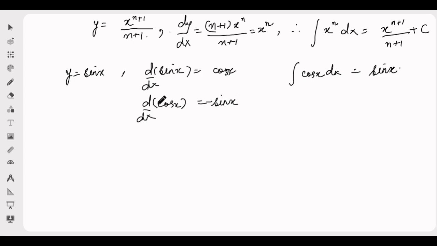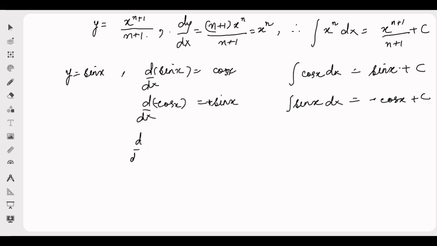So if the function is minus cos x, its derivative will be plus sine x, and hence integral of sine x will be minus cos x plus constant of integration. Constant of integration we have to write everywhere where we are doing the integration of different functions. This we always have to write.